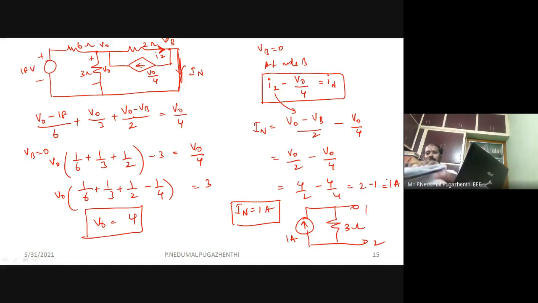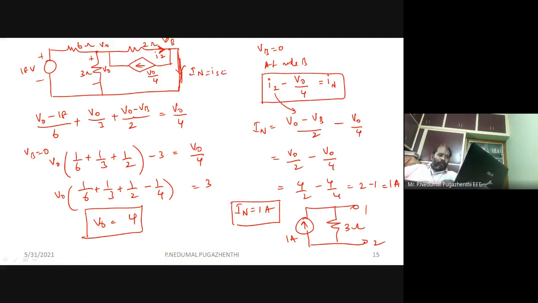I can use any method to calculate that. I can go for the Thevenin's way also. Short circuiting it, I have found this is nothing but ISC.